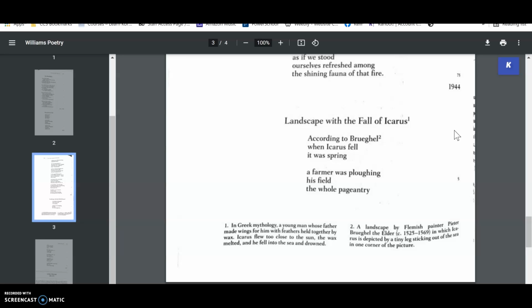He makes these giant wings out of feathers, thread, and beeswax, which is what was holding the feathers together. They fit over the shoulder, like when you have an angel costume, and he prepares his son for the flight.